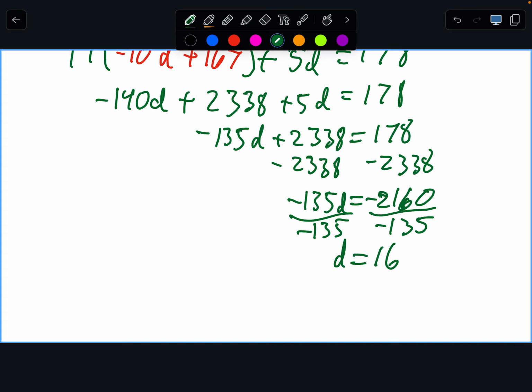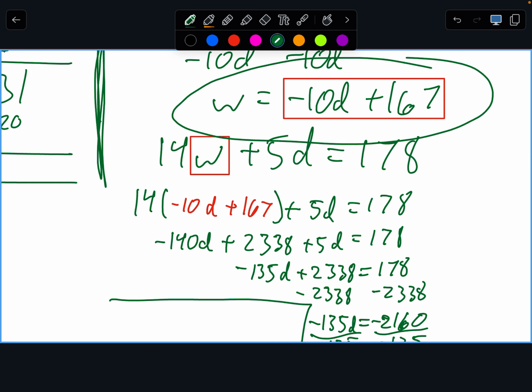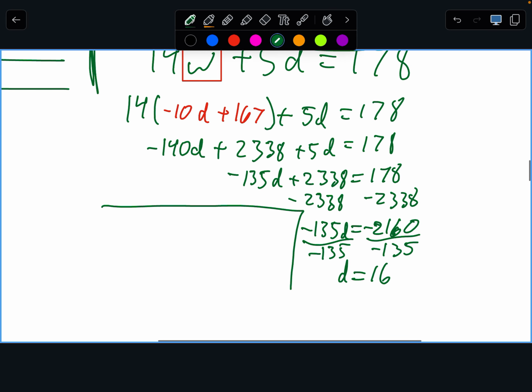Of course, we're not done yet. We still have to find W. I'm going to use this equation here. So we have W equals negative 10 times 16 plus 167.